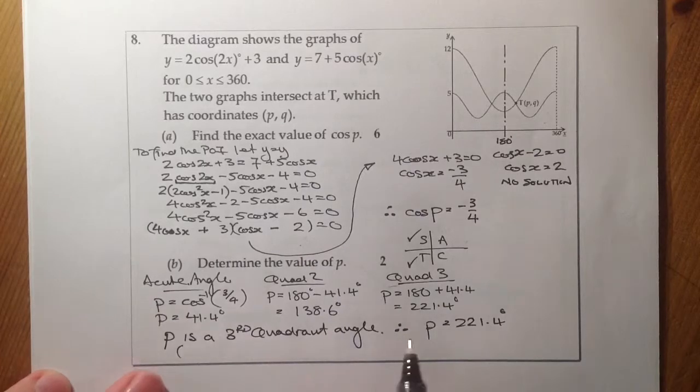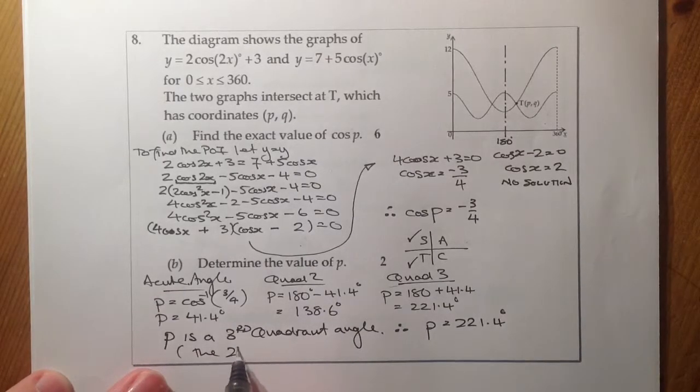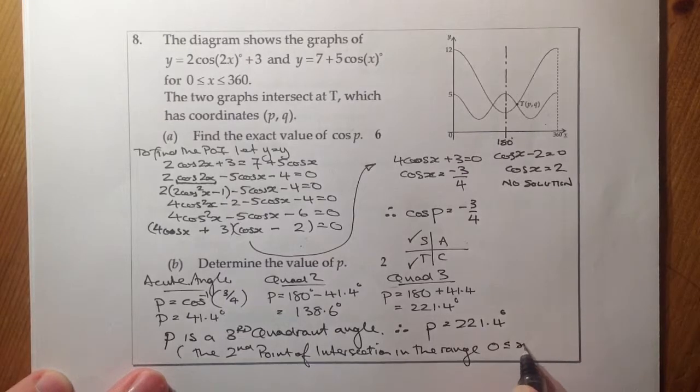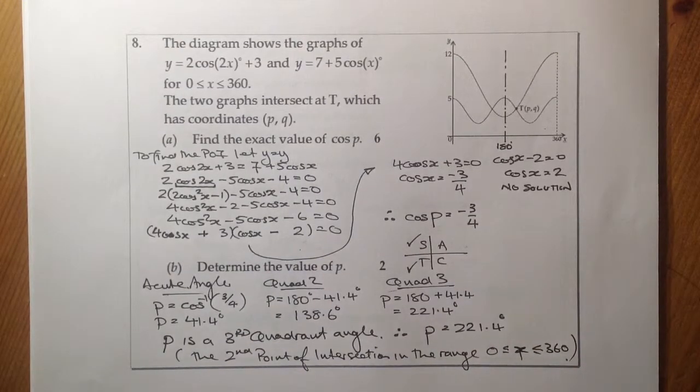And what I could also say is that it's the second point of intersection in the range that we've been given, in the range 0 to x, we'll just leave it as x, and that would be 360. So that's the question complete.